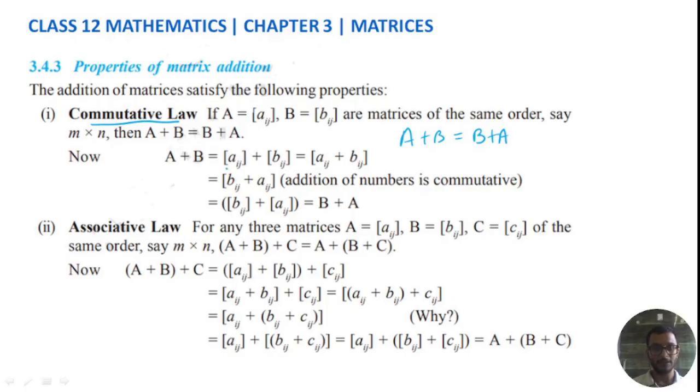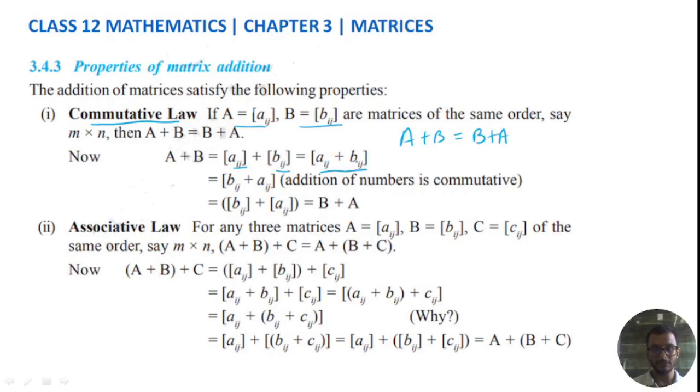Okay, so why does this happen? Suppose A is written as Aij and B is written as Bij, then A plus B will be, as I told you, a matrix having elements Aij plus Bij. Here A is Aij and B is Bij. Now these all are numbers, right? So they can be interchanged.